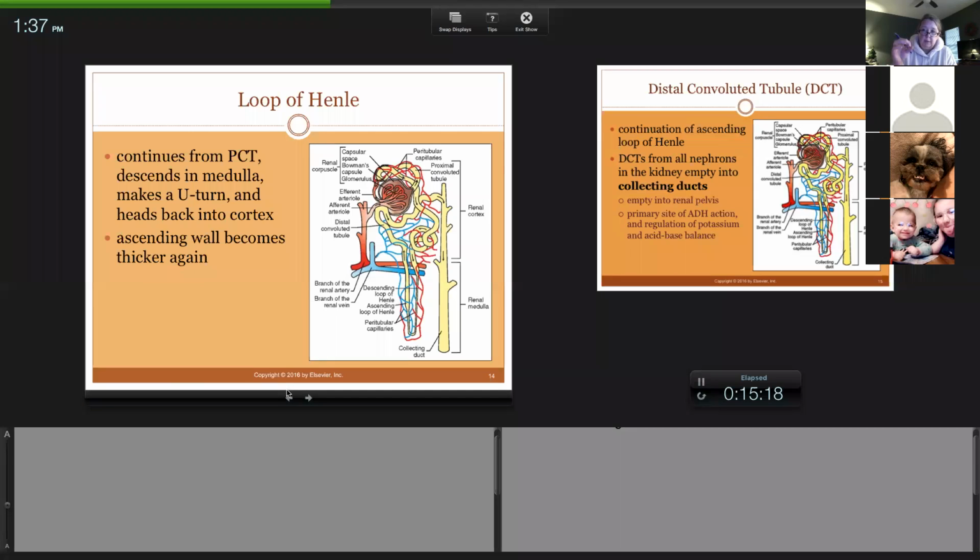But loop diuretics have their effect at the loop of Henle. That's where they get their name. So if you hear that term, loop diuretic, it means they're acting at the loop of Henle.